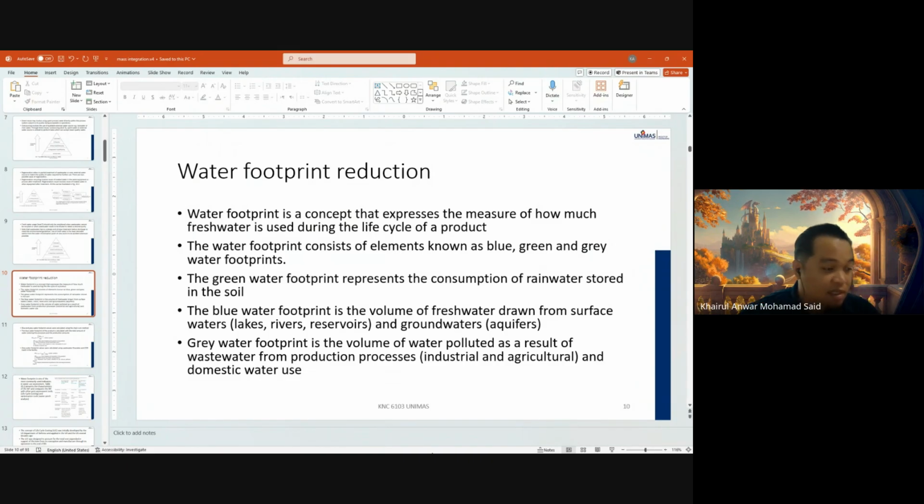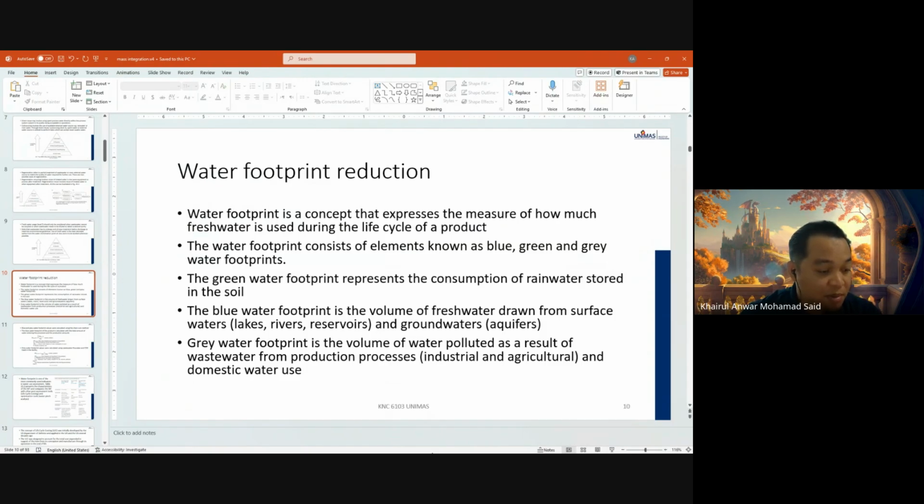And the last one is the gray water footprint, or you can also call it the pollution indicator. The gray water footprint is defined as the volume of fresh water required to assimilate and dilute the pollutant load, such as chemical oxygen demand, COD, from a process back to the standard ambient water quality standard.